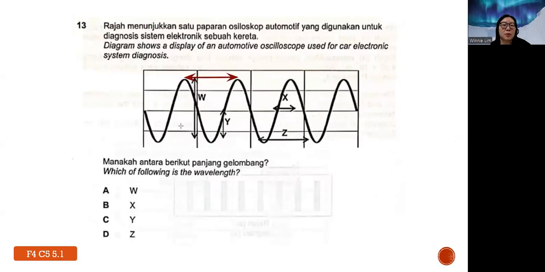You start with trough, you stop at trough. This is called wavelength. Or from this point to the next one, the consecutive. So among all these diagram, W, Y is confirmed not correct already. X is too short. Now, if I were to start here, I end here. So obviously the answer will be which one? Z. So the answer is D.